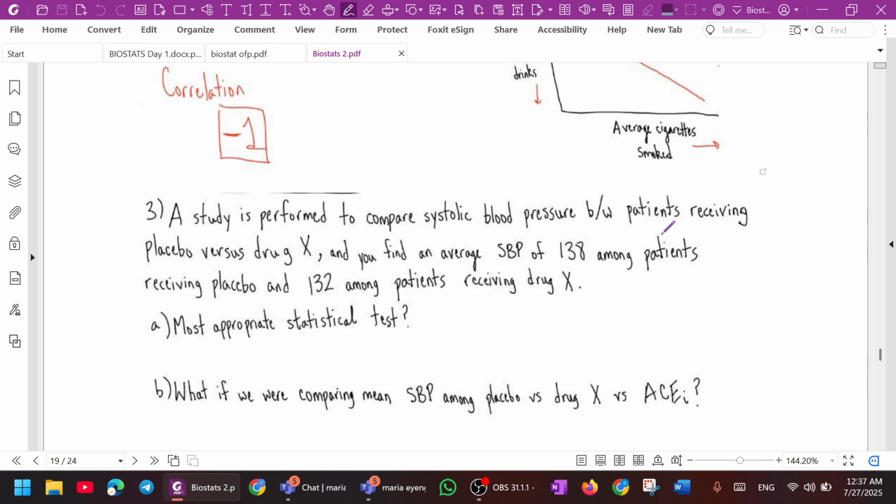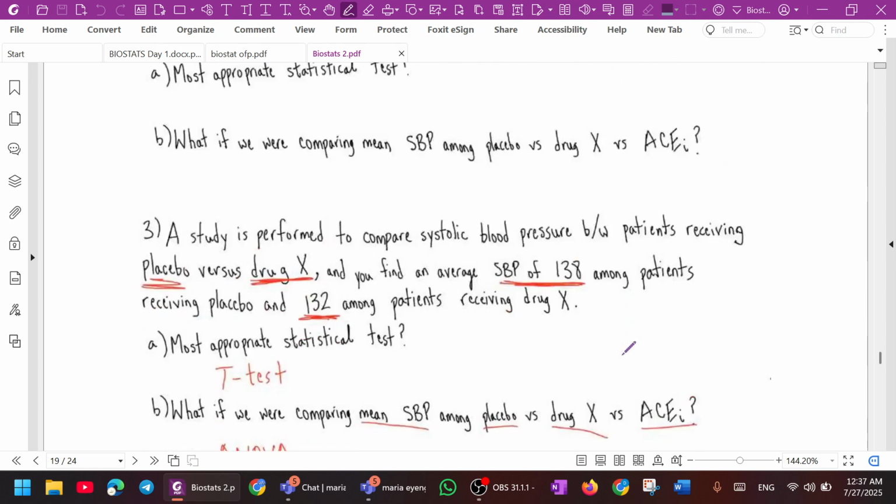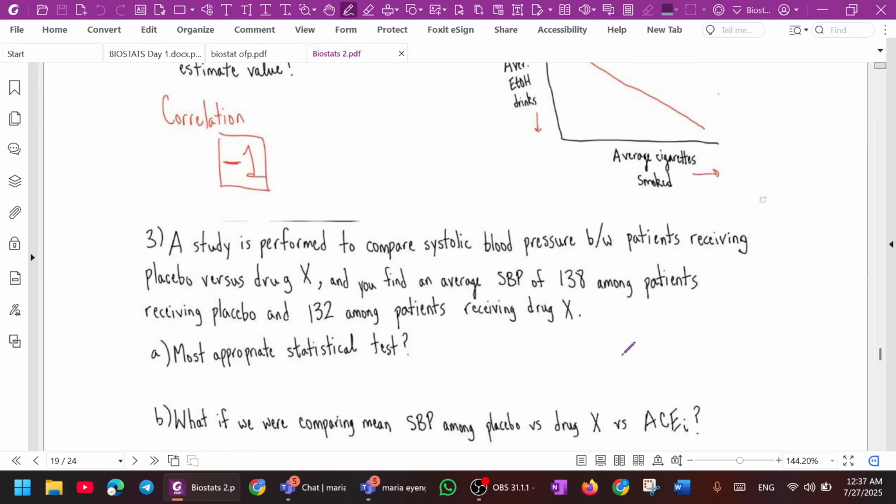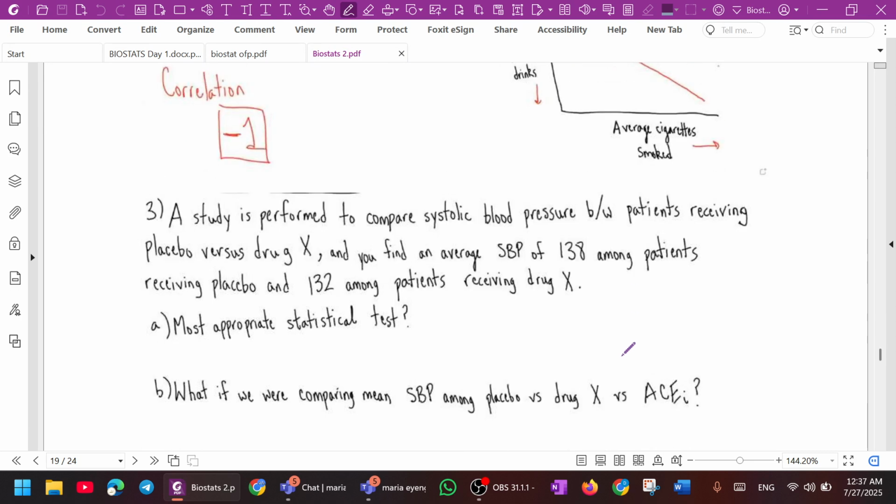What do you want me to write for B? No, first one is t-test, then second one is ANOVA. Did you understand why? Yes, I understand why I made such a stupid mistake.